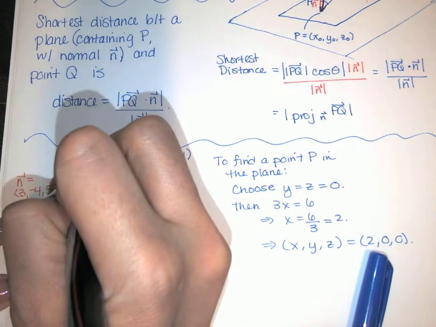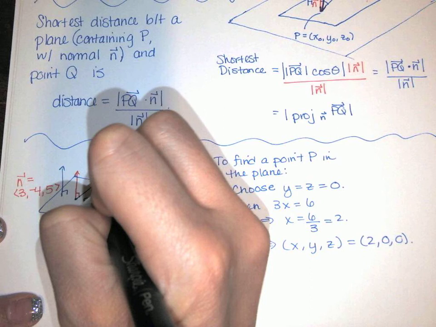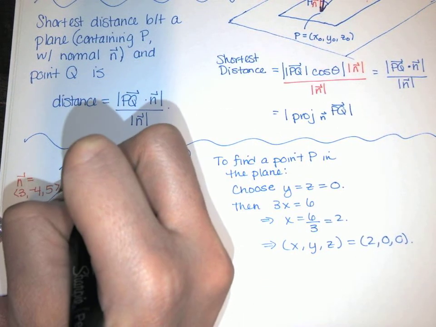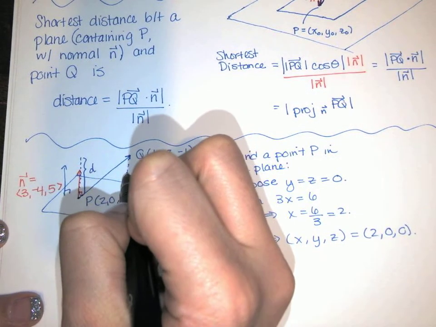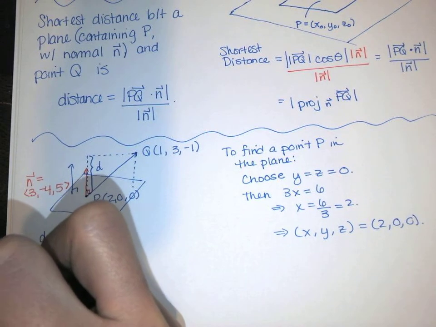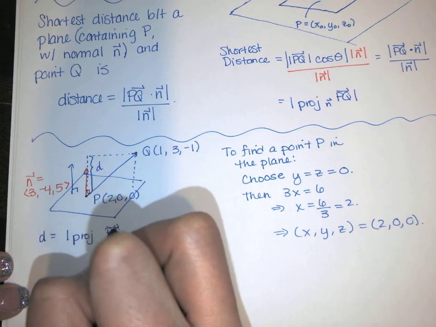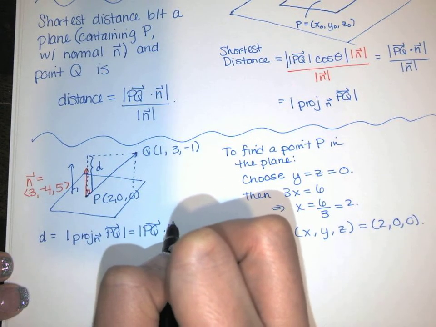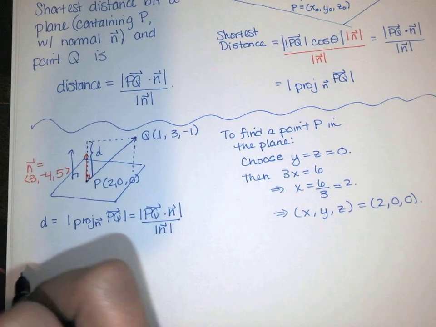And I can draw my normal over here if I want to. Same normal as before. We're going to find the vector PQ. We're going to take the projection of the vector PQ onto n and find that distance right there. Okay, so I guess we need the vector PQ.